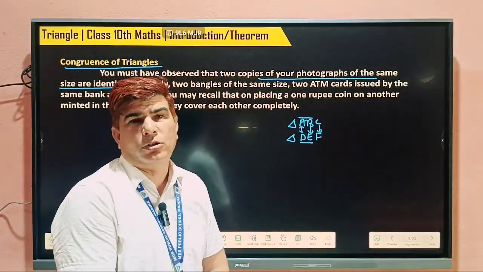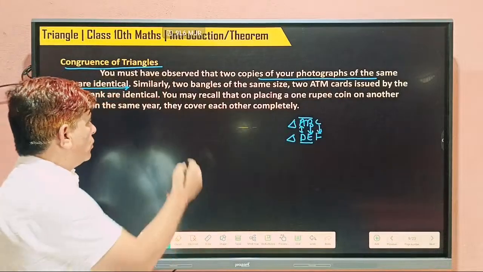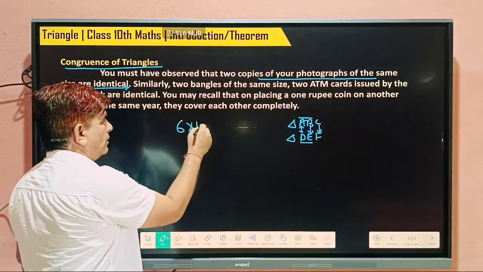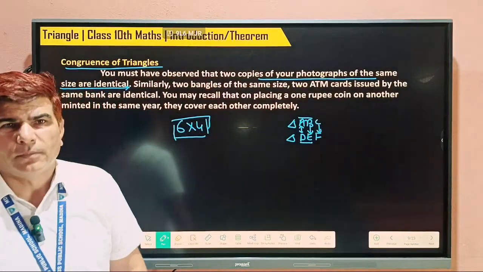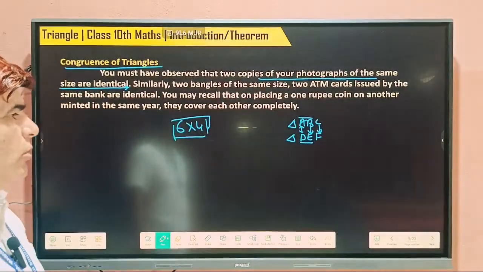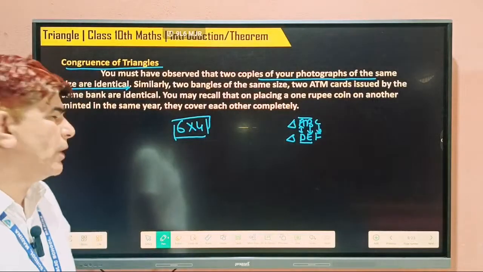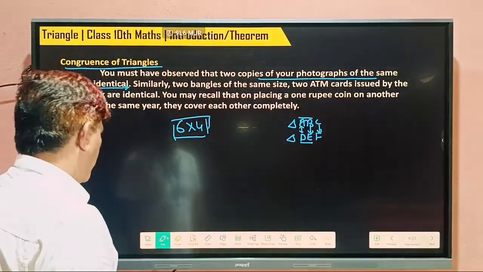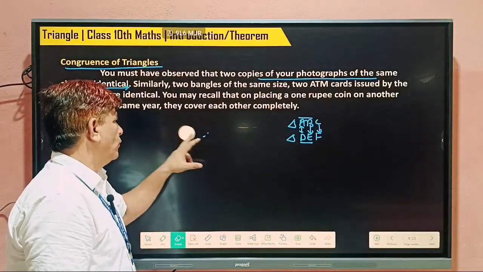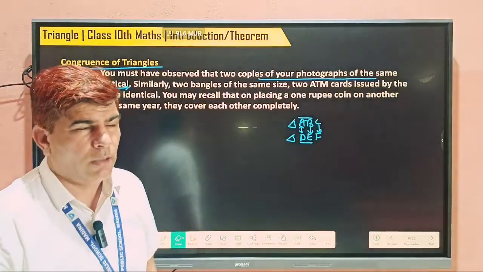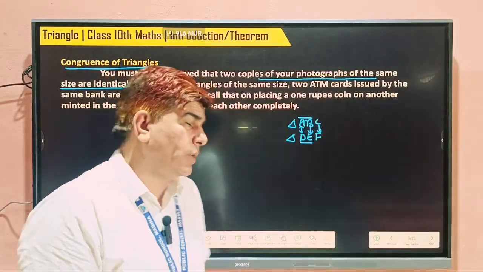Like this, your board, if the size of the board is 6 into 4, both are congruent to each other. This digital board, the same size of another digital board we can take. Both are congruent with each other. If we can put one on another, one covers the other. So we can say congruent.